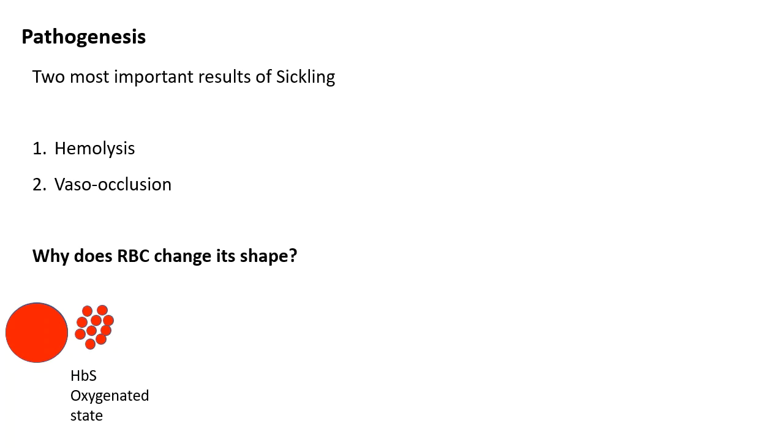So, in oxygenated state, this HbS is in a soluble form, and the biconcave shape of RBC is maintained, which when we see in the peripheral smear, we see it as a spheroid shape with central pallor. On deoxygenation, what happens is the HbS starts forming polymers.